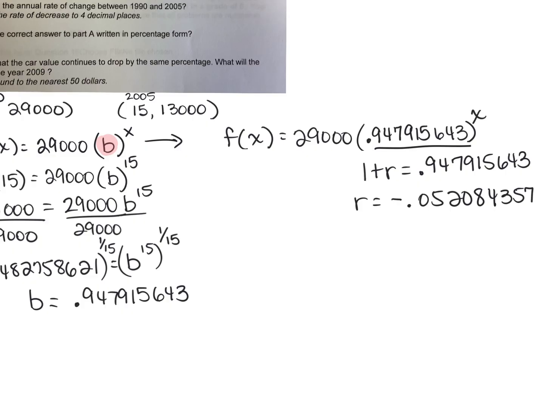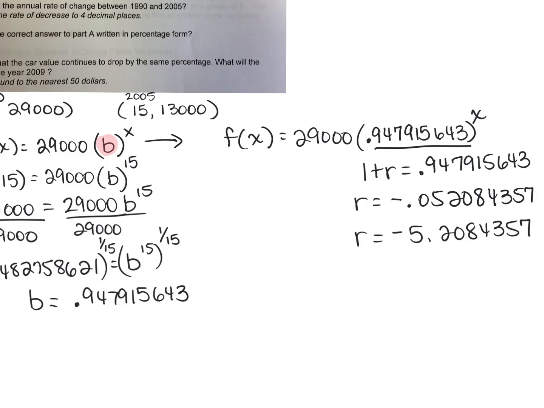So that would be my rate. If it wants it as a decimal, you're going to move that decimal, as a percentage, you'll move that decimal. So you'll have negative 5.2084357, and you're going to round that to where it needs you to round.